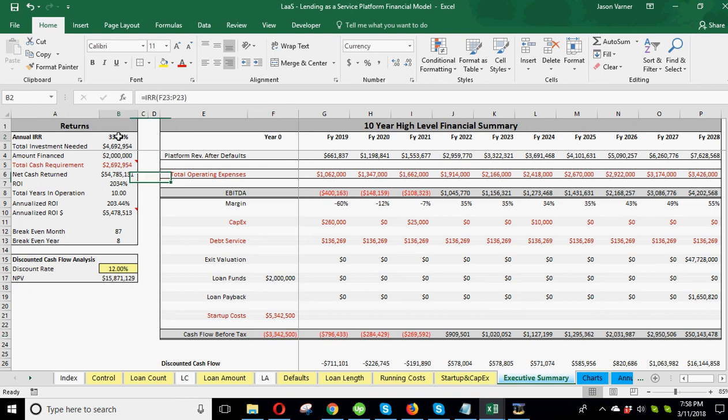You can see your internal rate of return, annualized, over the term of however long you're going for. The total investment needed, 4.6 million. Note this is basically going to be the sum of this. You can see it's 4.692, 4.692.